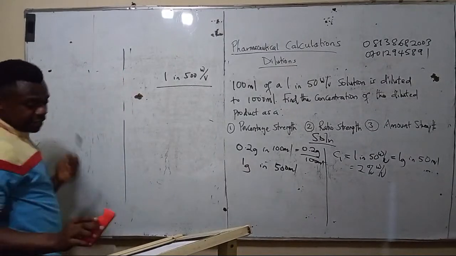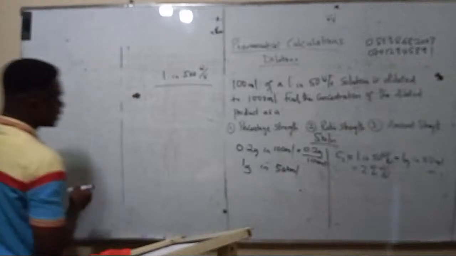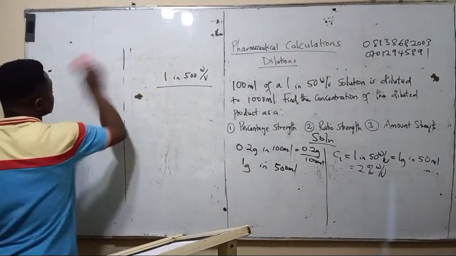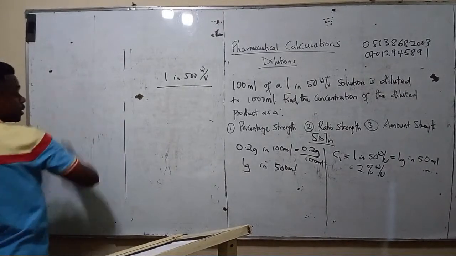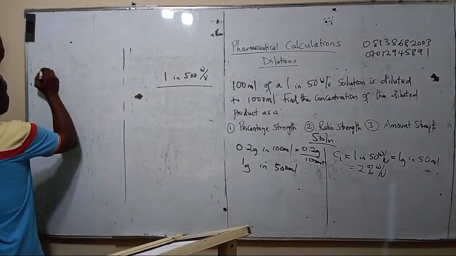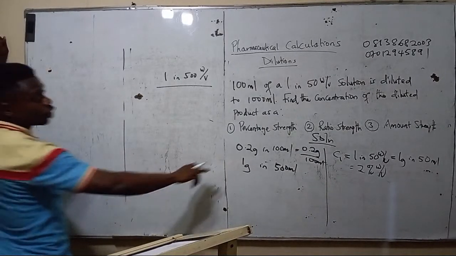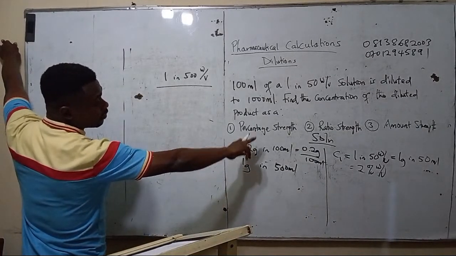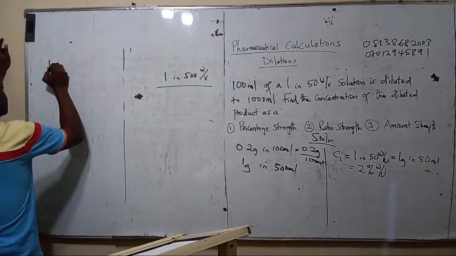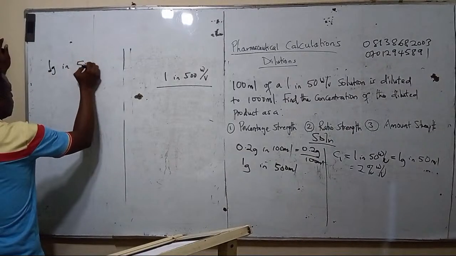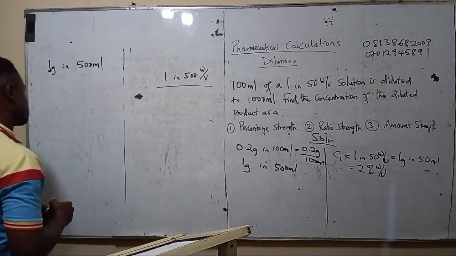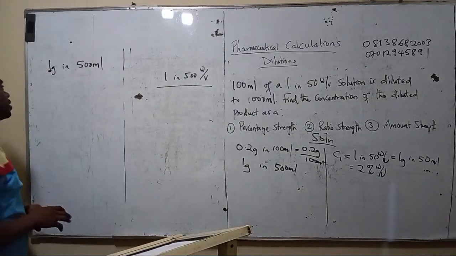Remember that what we got here is already 1 gram in 500 ml. It's already 1 gram in what? 500 ml.